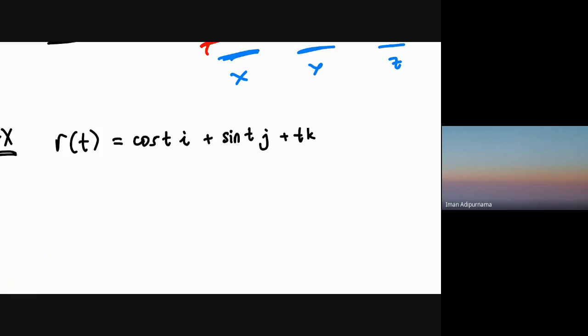But in the third axis, the z, it will change with t. So as the circle increases in level in z, the curve will follow along the circular line, but it will move up with the level of t, with the z.